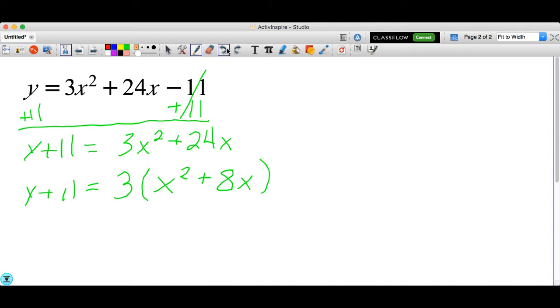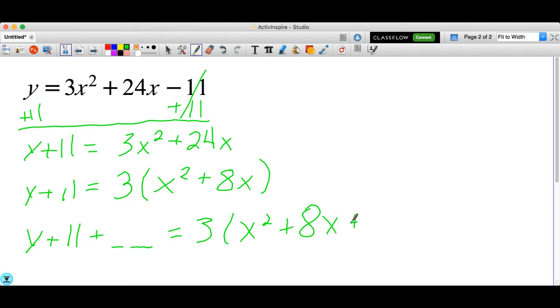Well, here we can get a trinomial to pop up inside these parentheses by adding a blank in there. So we have y plus 11 on the left-hand side plus some blank equals 3x squared plus 8x plus some blank.